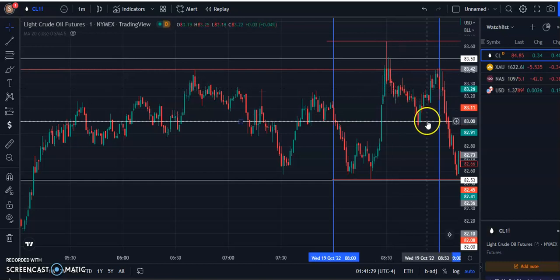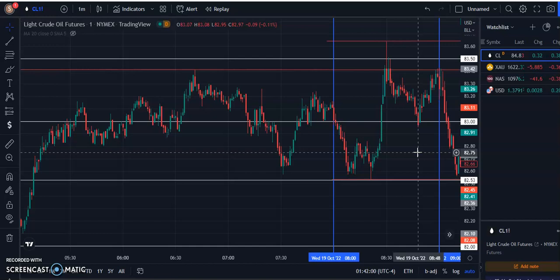And then at the close of our first hour, we come back to the high of the day and we have these pins. So this is an entry here, this is an entry here, but for me, I am looking for setups after the first hour has already formed.